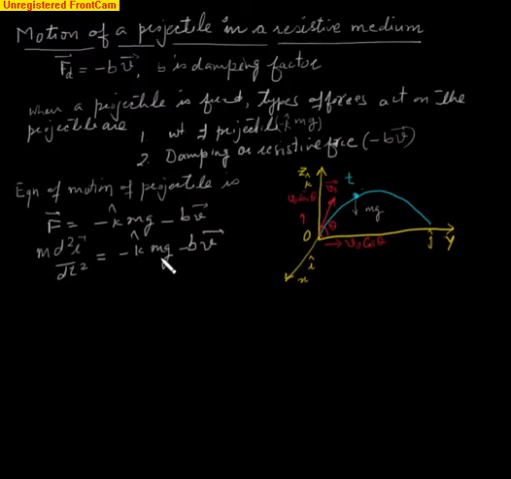This mass can be taken to the right hand side, and d2r over dt square can be split as d by dt of dr by dt equal to minus k. When I bring this m to the right hand side, this m cancels, and we are left with g minus b over m into v.